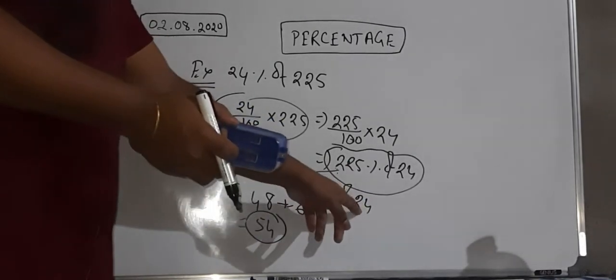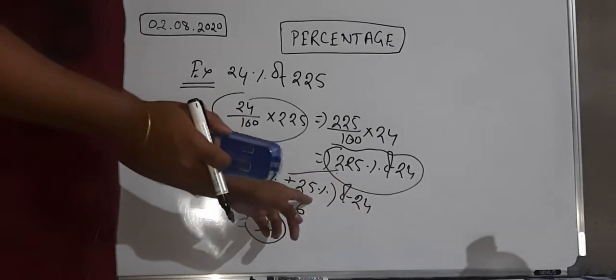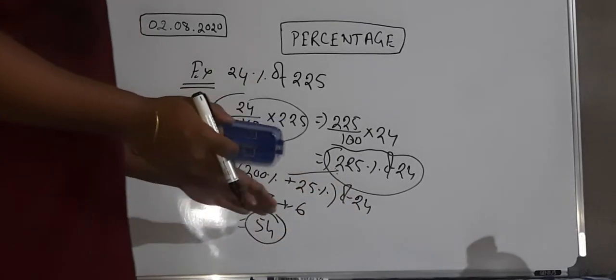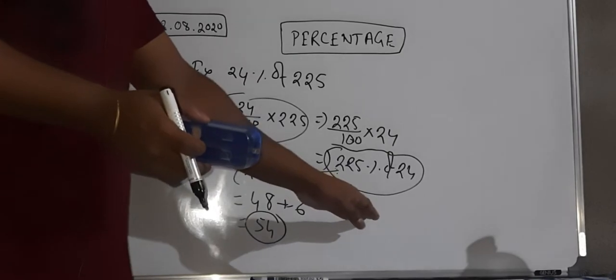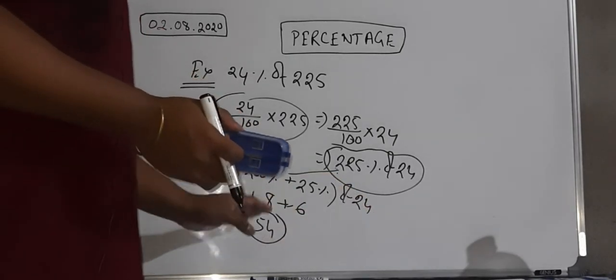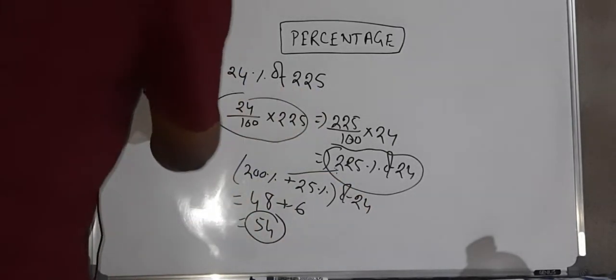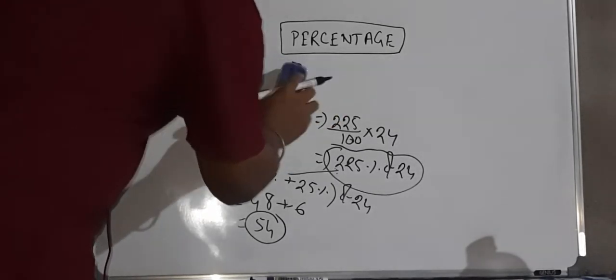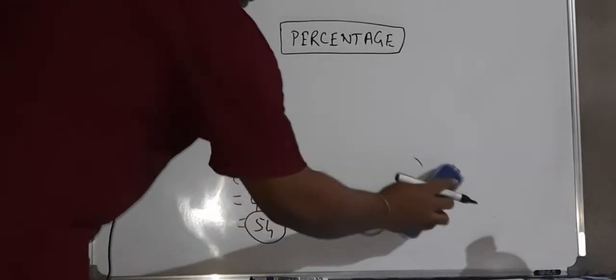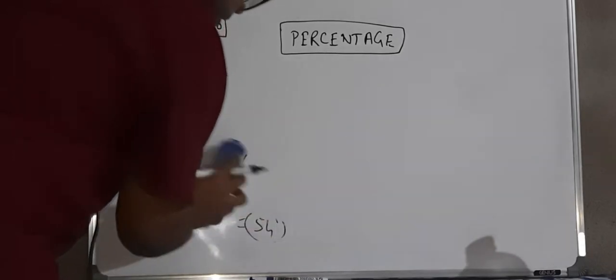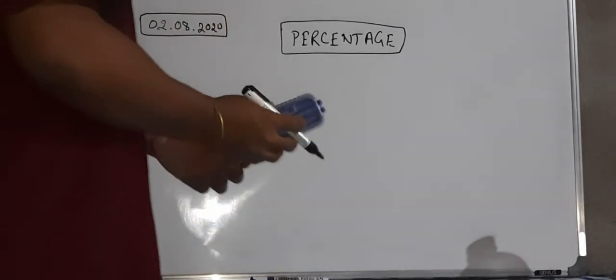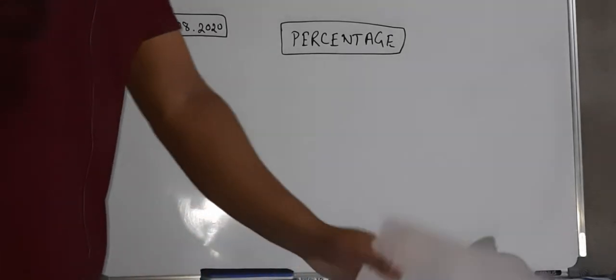So 48 plus 6 is 54. So answer of this question, 24% of 225 is 54. Like this, you can solve simplification questions based on percentage.